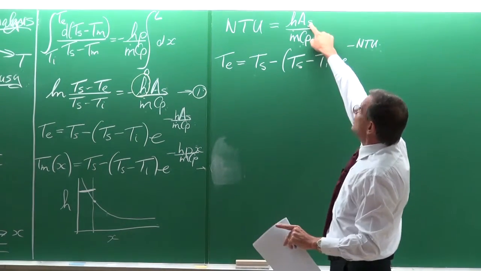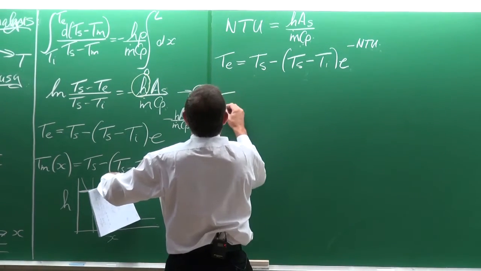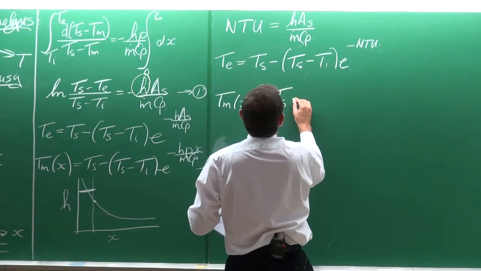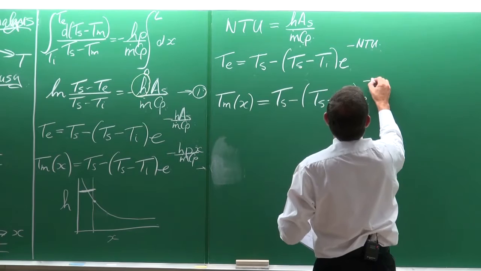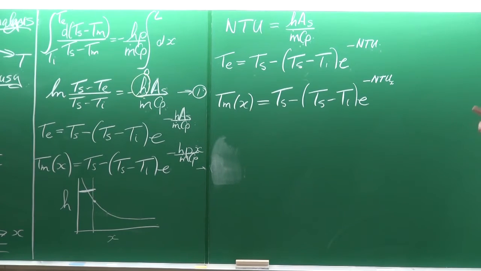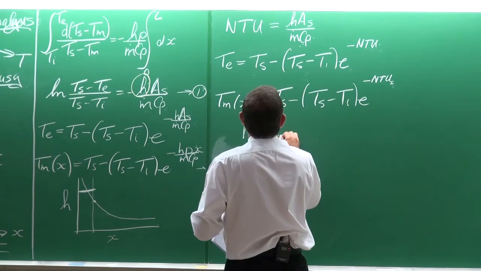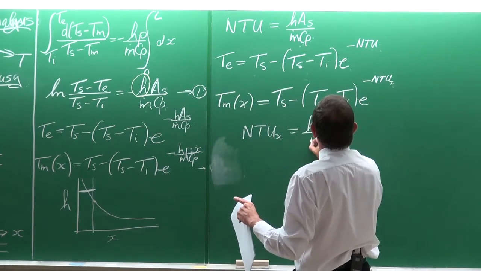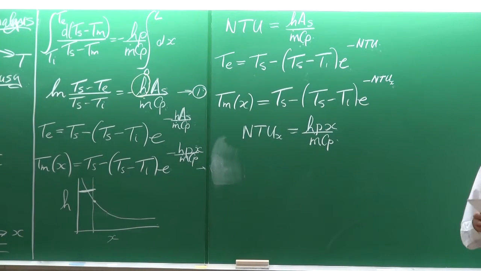The same we can do for the mean temperature as a function of x. We can write it as Ts minus (Ts minus Ti) e to the minus NTU, and put a small x there, because the small x tells us that NTU x is equal to the heat transfer coefficient multiplied by P x divided by the mass flow rate Cp, for any point x.